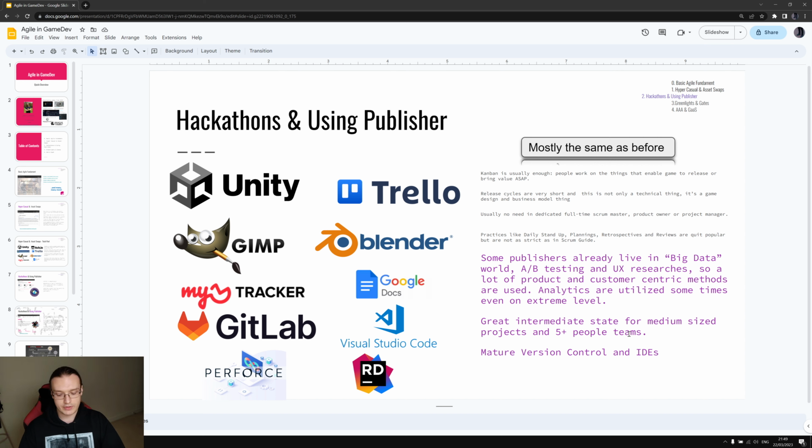And this is a very great intermediate stage for medium-sized projects with 5+ people. Usually this is a switch, a kind of barrier where you understand that, okay, I'm not only doing hyper casual and small games, I'm capable of doing something at a hackathon, and actually I can develop a game further.